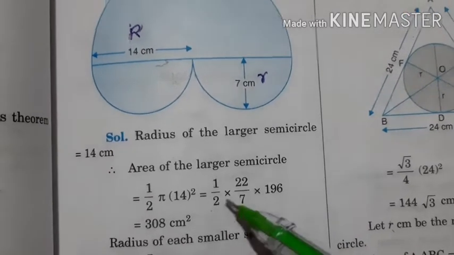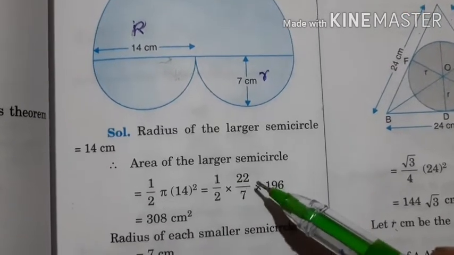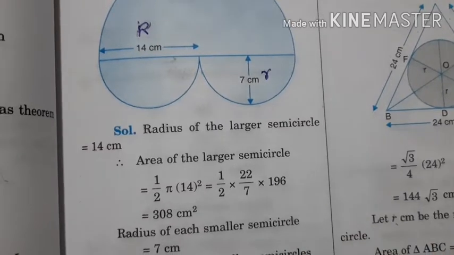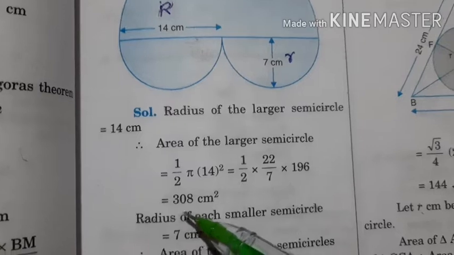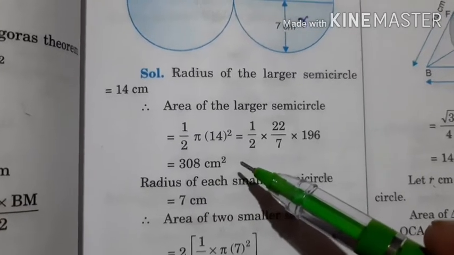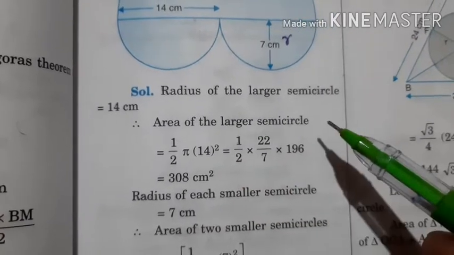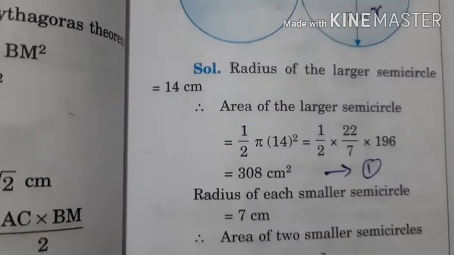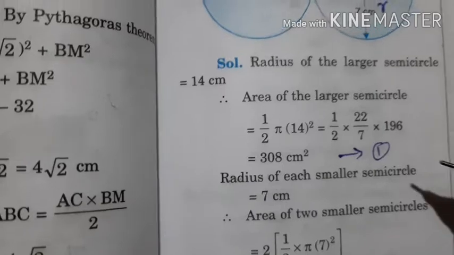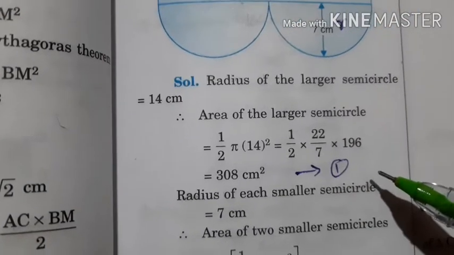Here 2 ones are 2, 11s are 22, and after the simplification we get 308 centimeter square. So area of the larger semicircle is 308 centimeter square, and I call this equation 1.